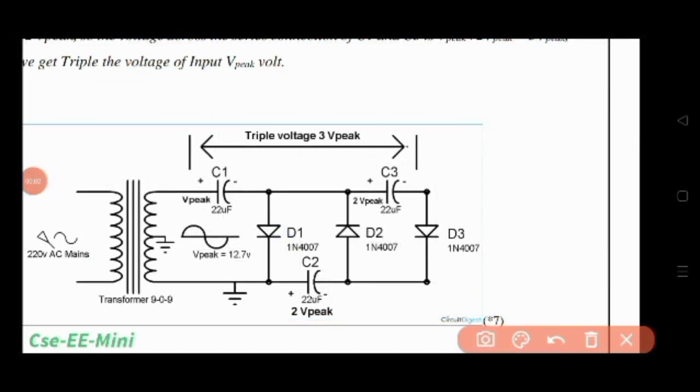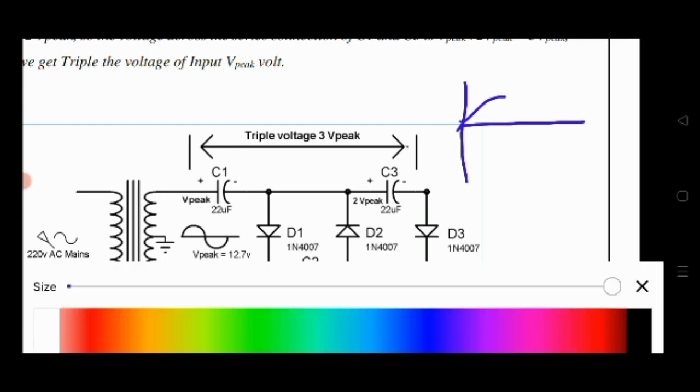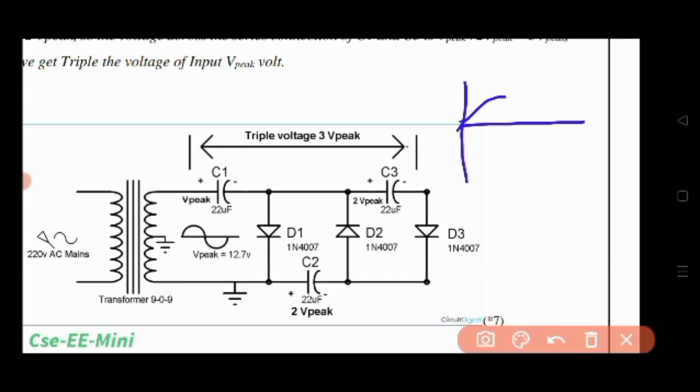So let us quickly understand the half wave tripler voltage circuit. Let me just quickly draw the sine wave here. So this is the sine wave we have. This is the first positive half cycle. So during this cycle only diode D1 conducts. Although diode D3 also conducts, since the capacitor C3 is discharged and there is no potential difference in there, the current will choose the lowest possible path to complete its circuit.